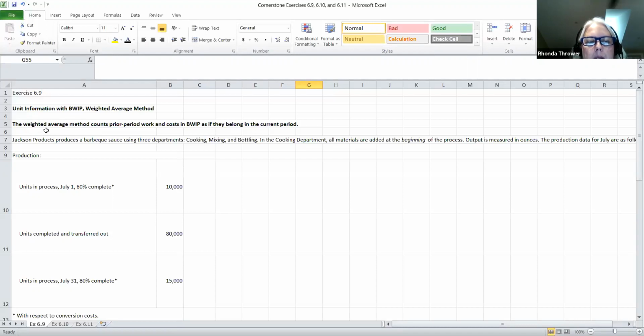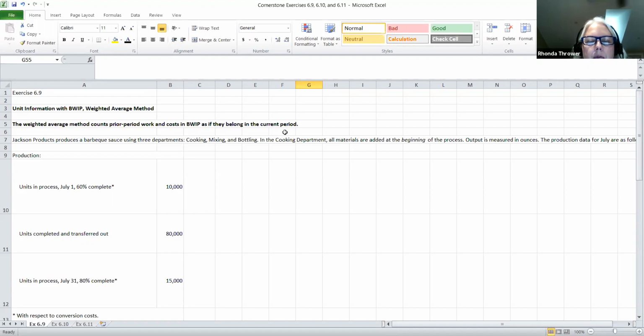When you're using the weighted average method, I've created a little notation for you here in bold that says the weighted average method counts prior period work and cost in beginning work in process inventory as if they belong in the current period. Now that is the main difference between the weighted average method and the FIFO method.